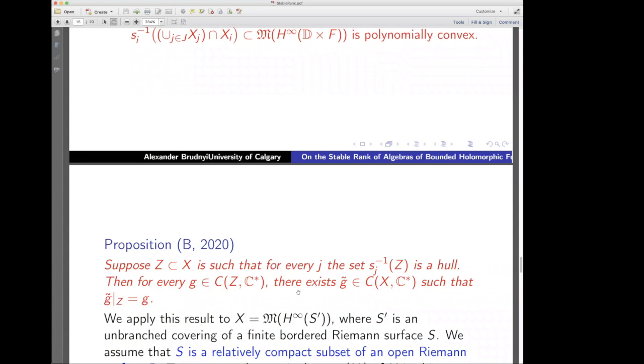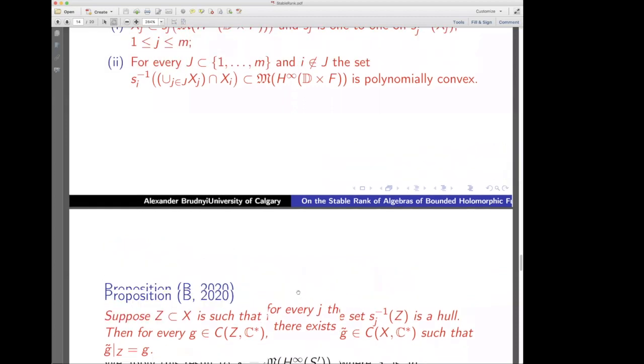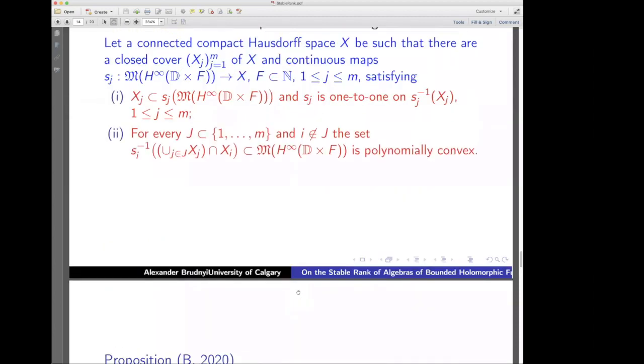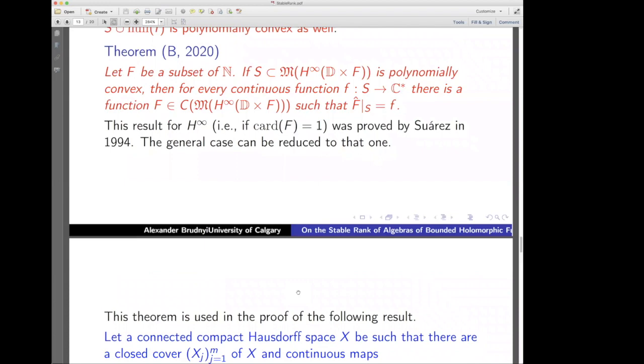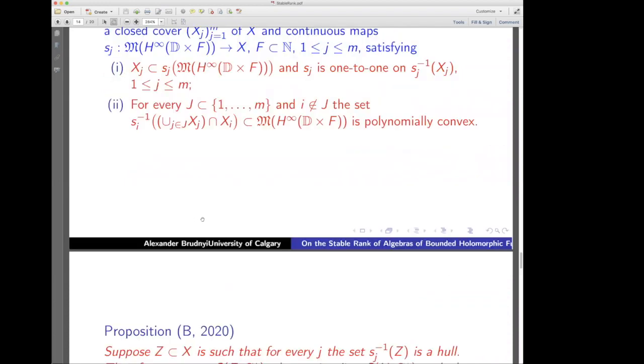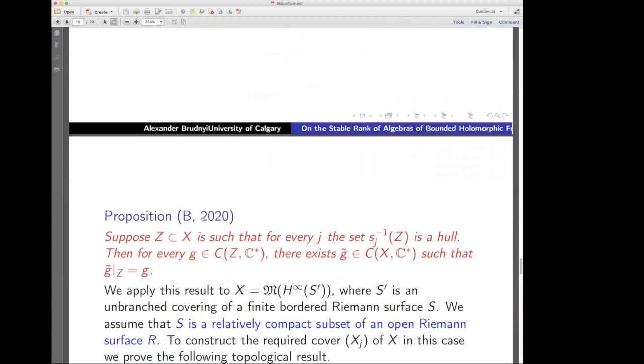So the main idea is just to take some partition of our covering of the Riemann surface and some good subsets satisfying the conditions of the proposition, and then to apply this proposition to this set.